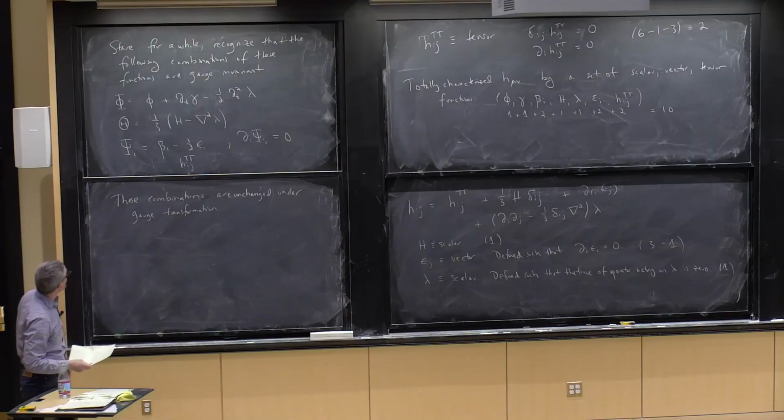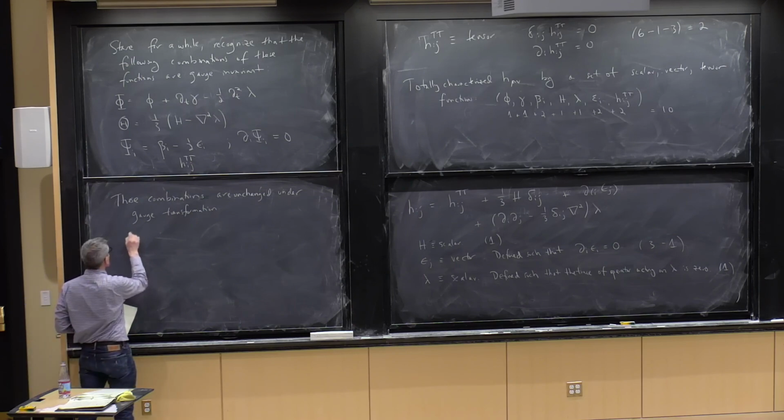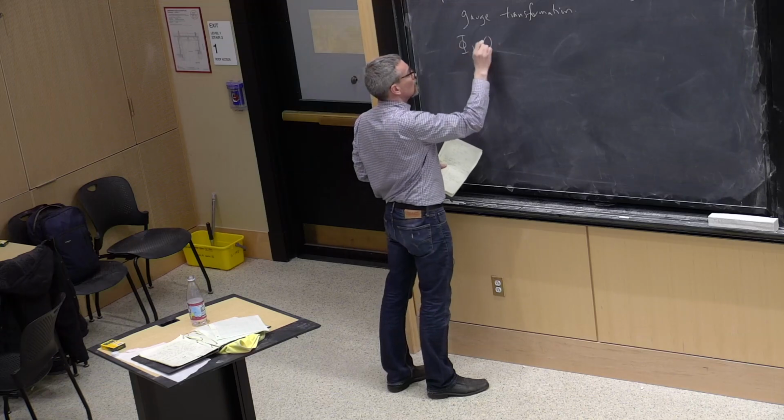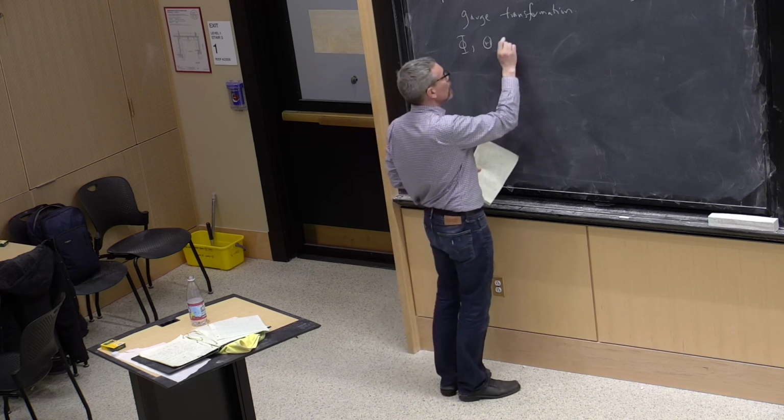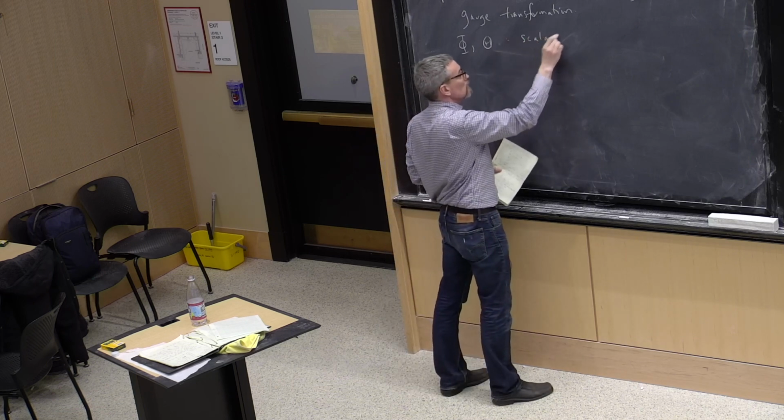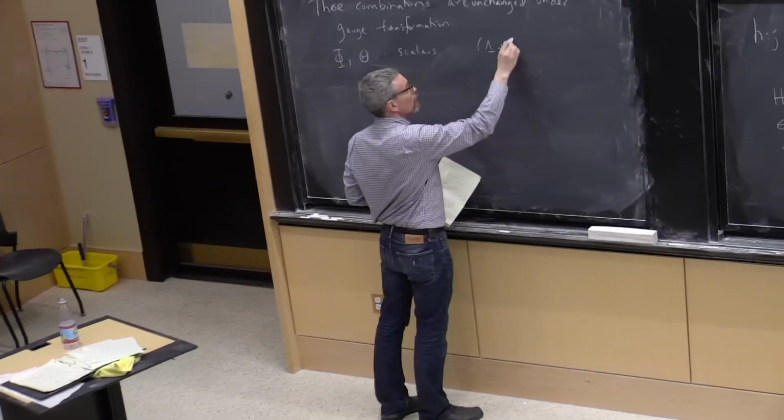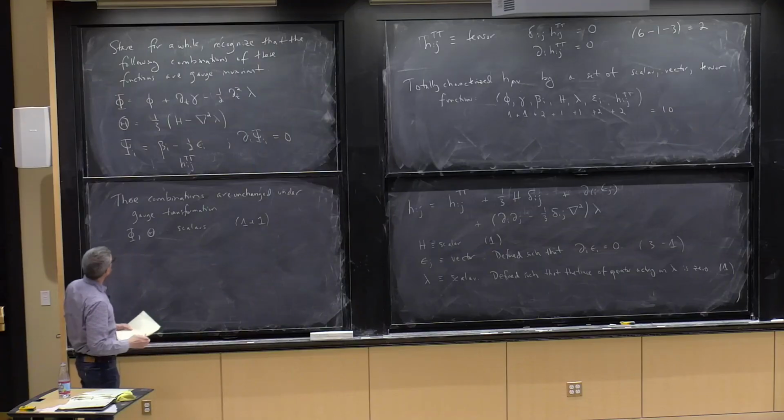But let's note something, okay? Phi is a scalar field. Theta is a scalar field. So I have 1 plus 1 functions associated with them.